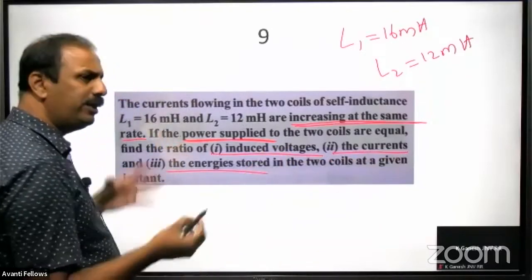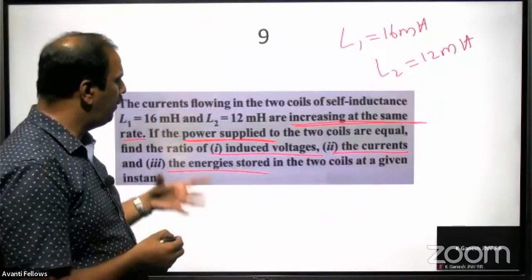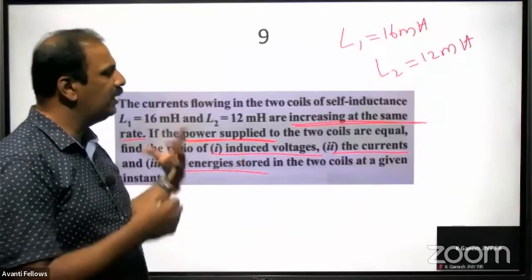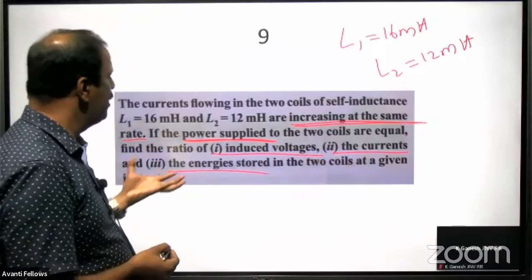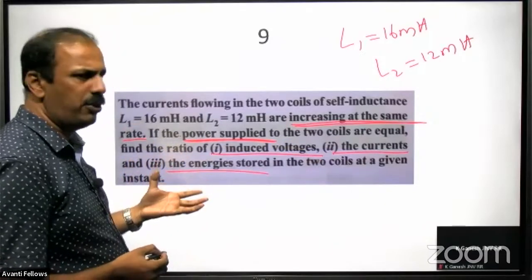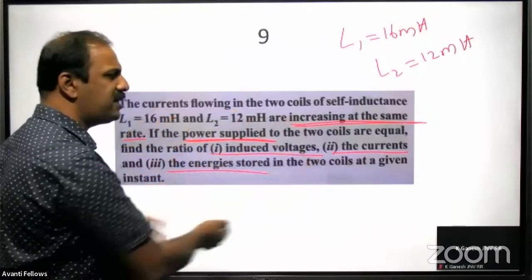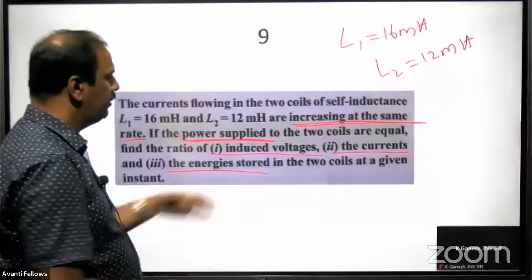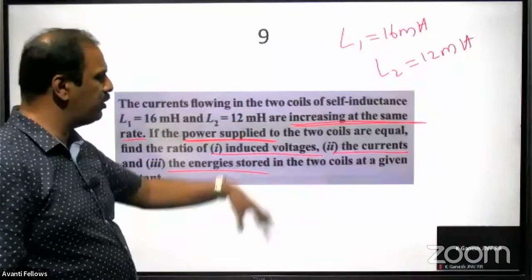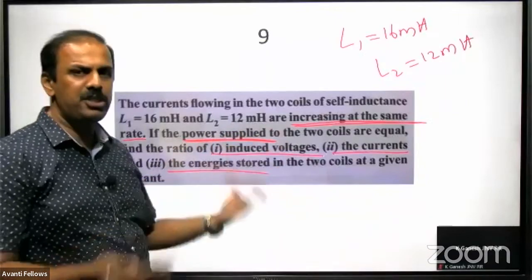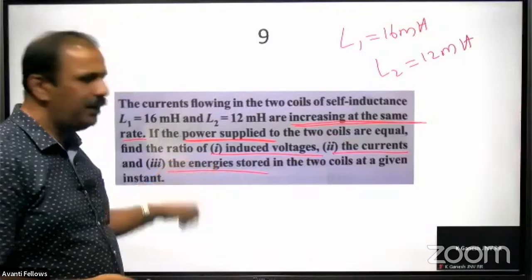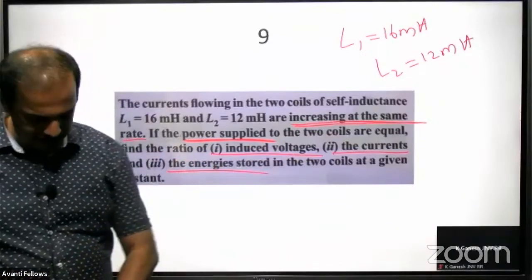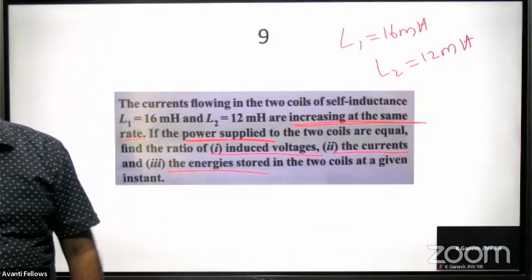We have to do this in three parts: first the ratio of the induced voltage, then the ratio of the current, and then the ratio of the energy stored. Don't think of everything as a single question. Each part has its own equation to solve, and in a 3 mark question, 1 mark will be for each part. You'll see the solution.